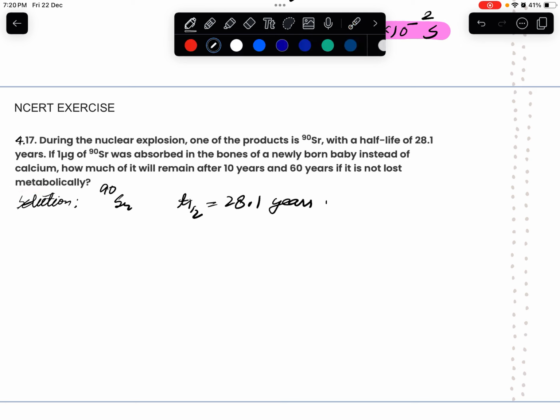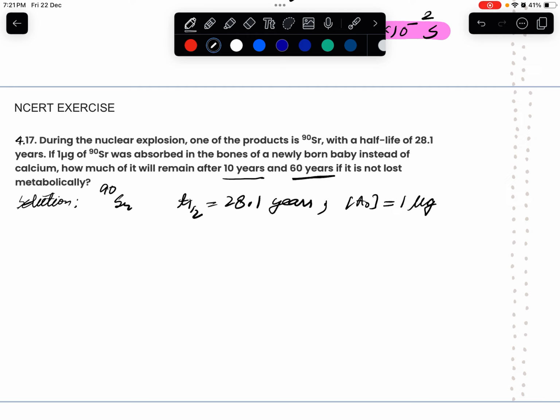So what next information they have given for the same, that is initial amount is given to us, A naught, which is 1 microgram of strontium 90, and they are asking how much of this will remain after 10 years, the first quantity that we have to calculate, and after 60 years. And now you know it very well that radioactive decay follows first order kinetics.